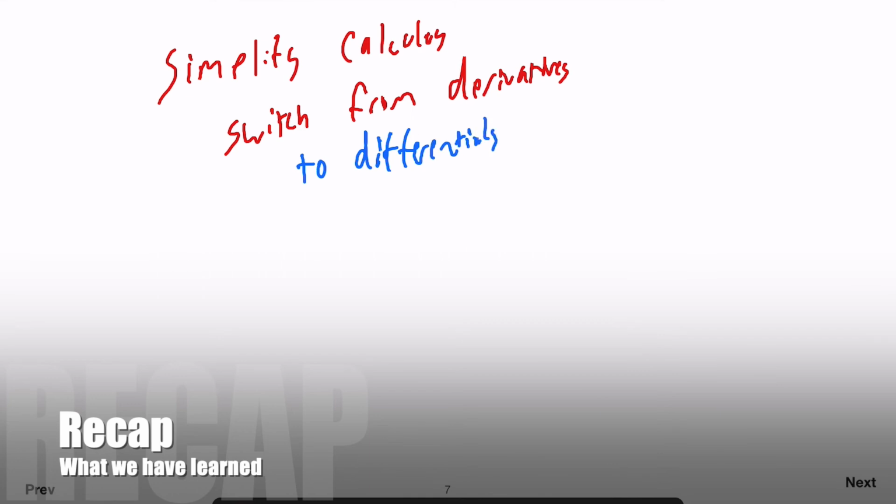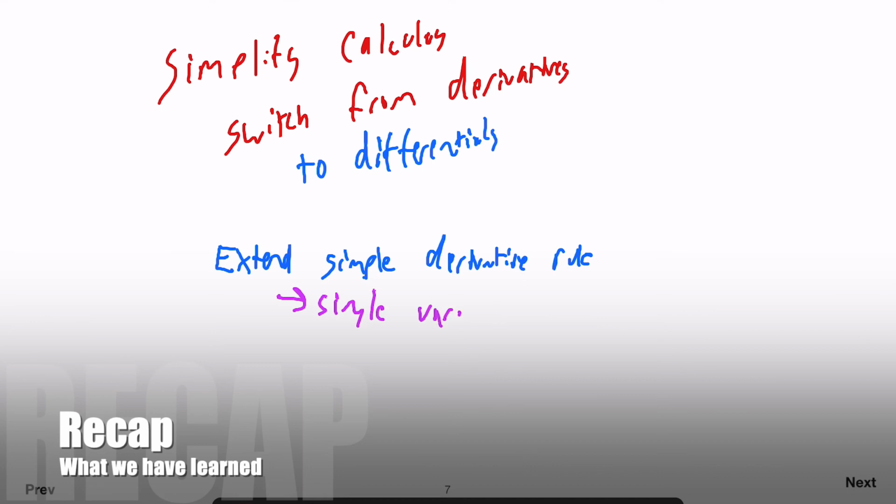And by making this switch, we're able to extend simple derivative rules to apply them equally to single variable, multivariable, and implicit derivatives.